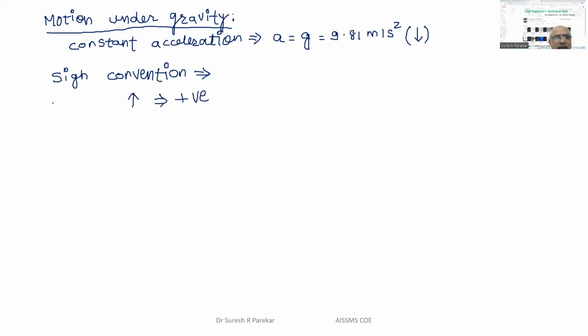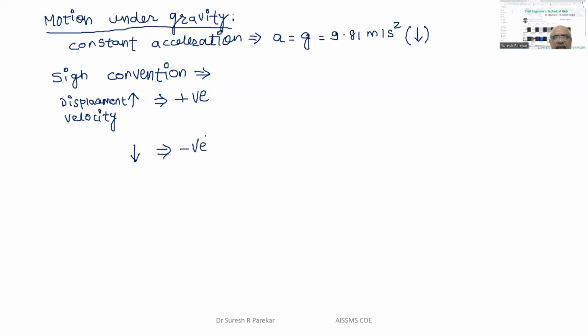So all quantities, displacement, velocity, distance, if upward, we have positive. If it is downward, we have negative.